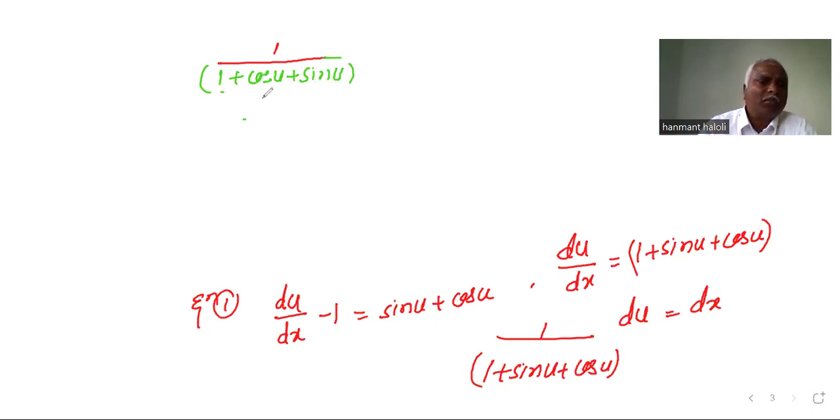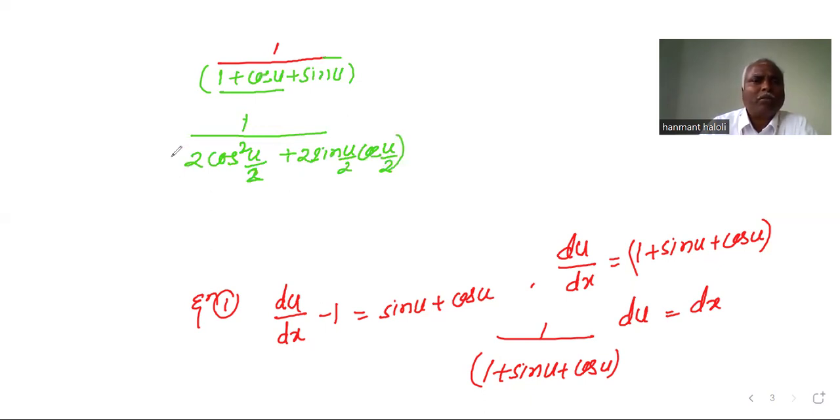Here 1 plus cos u is nothing but 2 cos square u by 2, by the half angle formula. And sin u is 2 sin u by 2 cos u by 2. Now, if you divide both sides by 2 cos square u by 2, you get the equation form.